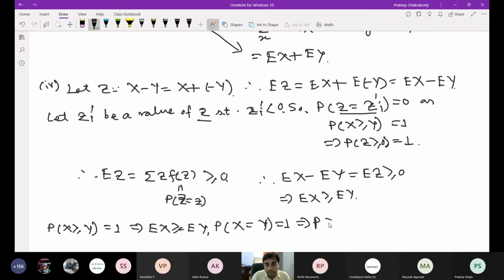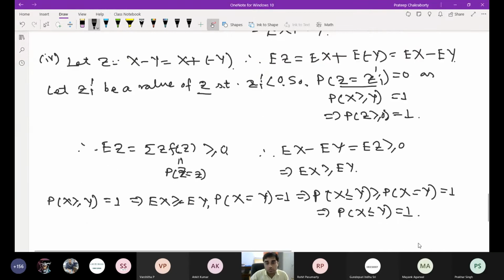P(X ≤ Y), which is even bigger than P(X = Y), and this is equal to 1. This implies P(X ≤ Y) is also probability 1.